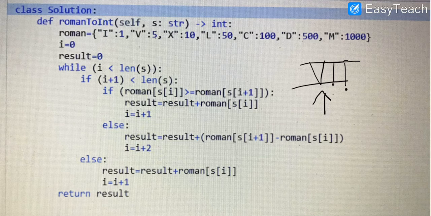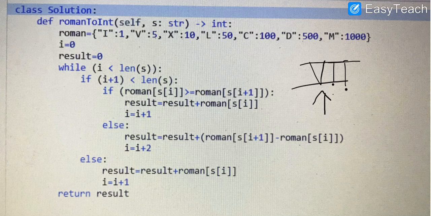Since the current i is pointing to this last one, after this we don't have any location, so we are accessing a location which does not exist. So it throws an error. To get rid of that error, we have to maintain this if i plus 1 is less than length of s. So that's the main goal of using this if part.